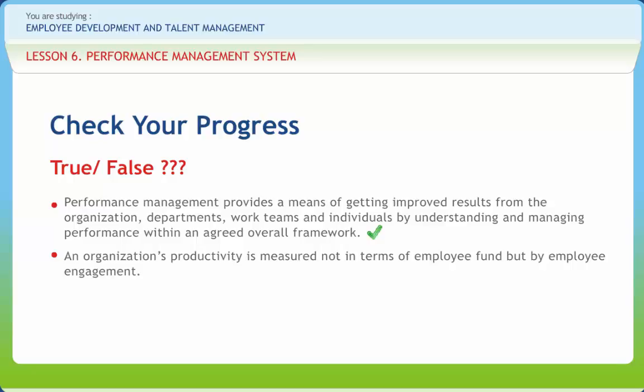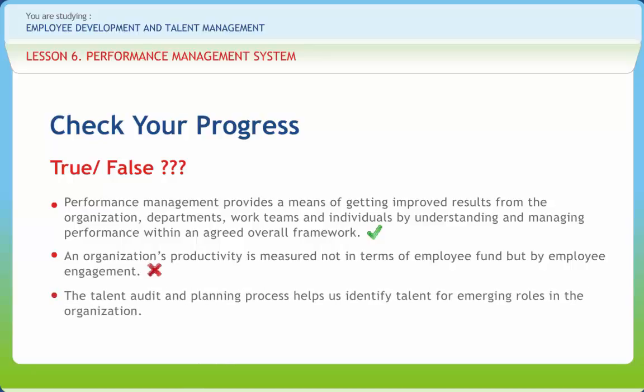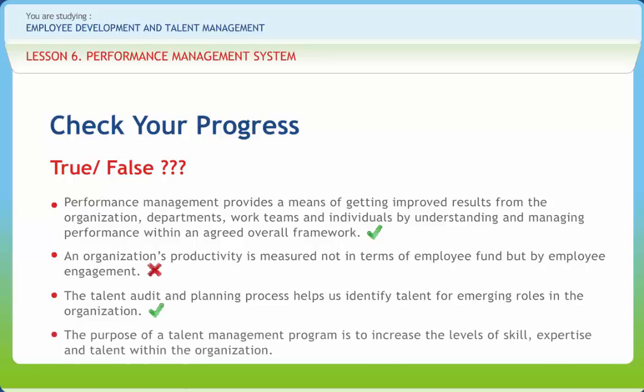Right or wrong? Wrong. The talent audit and planning process helps us identify talent for emerging roles in the organization. Right or wrong? Right. The purpose of a talent management program is to increase the levels of skill, expertise, and talent within the organization. Right or wrong? Right.